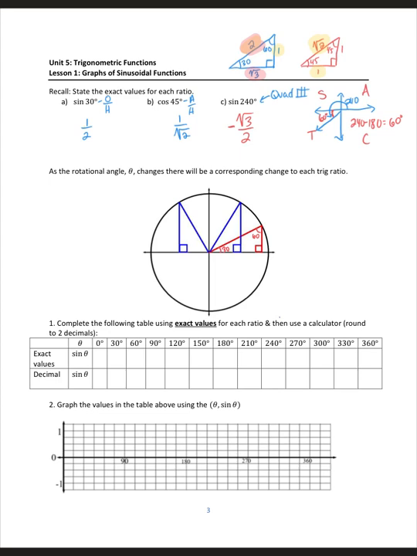So my side lengths would be 1 across from 30 degrees, radical 3 across from the 60, and we'd have a hypotenuse here of 2. The table is asking me to complete the following table using our exact values for each ratio, and then use a calculator to get our decimal value. So if we wanted to start with our exact values for the sine of theta, if I'm going to start within this triangle, we'll start with 30.